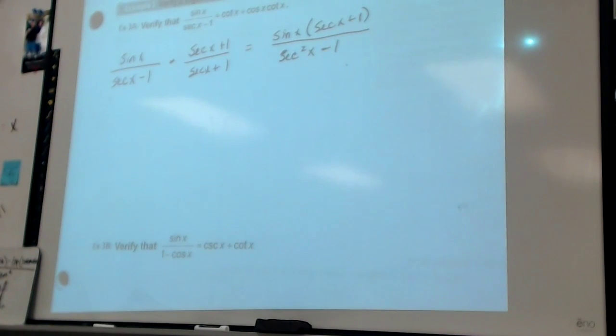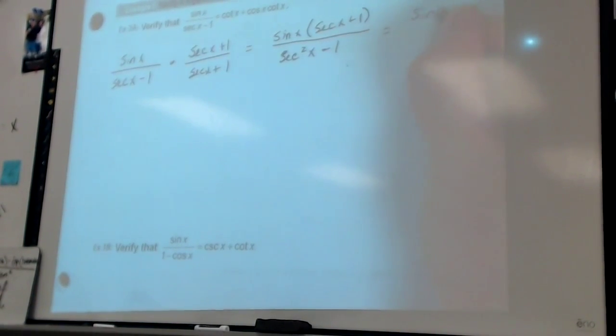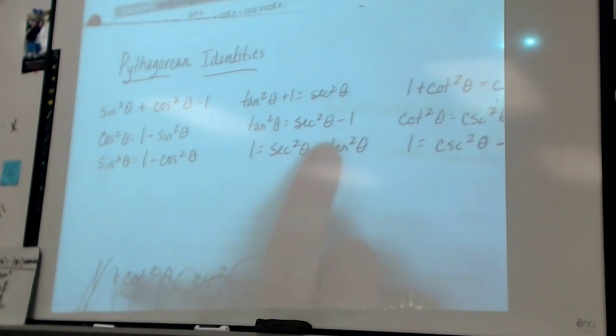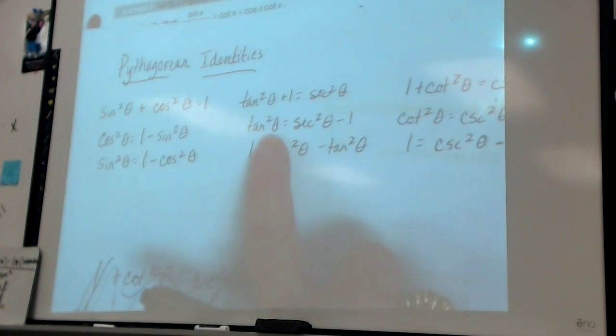I see that in the Pythagorean identities. Tangent squared, right here. Secant squared theta minus 1 is tangent squared theta. It comes from this identity.